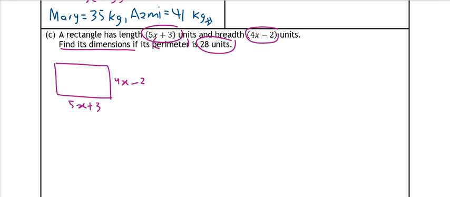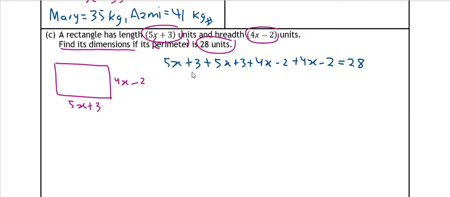Here I will start with the length: 5x plus 3 plus 5x plus 3. And for the breadth, plus 4x minus 2 and also plus 4x minus 2, so everything will be equal to 28 units.